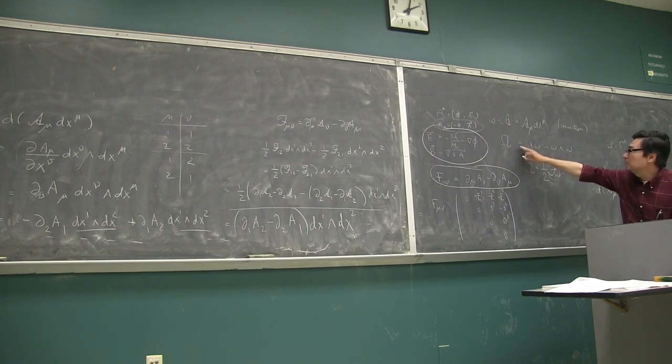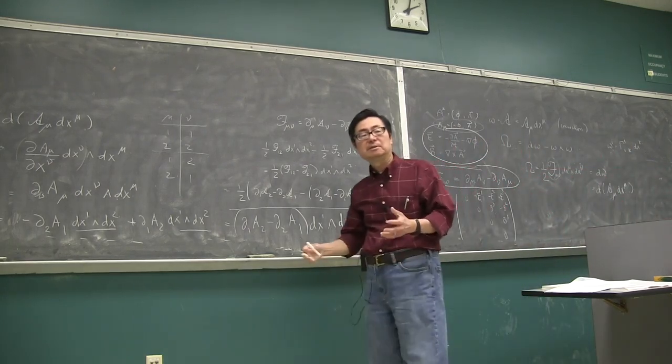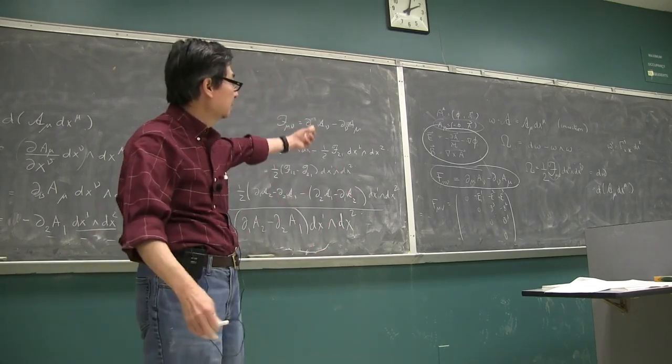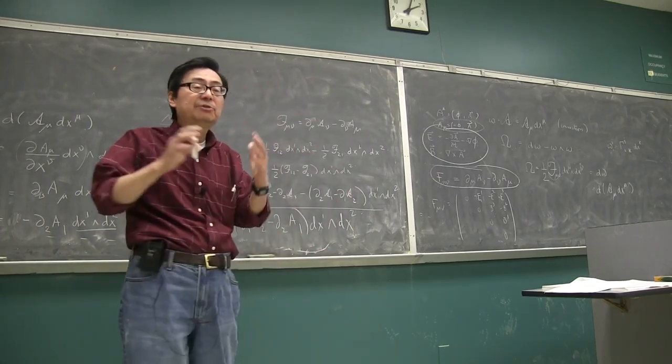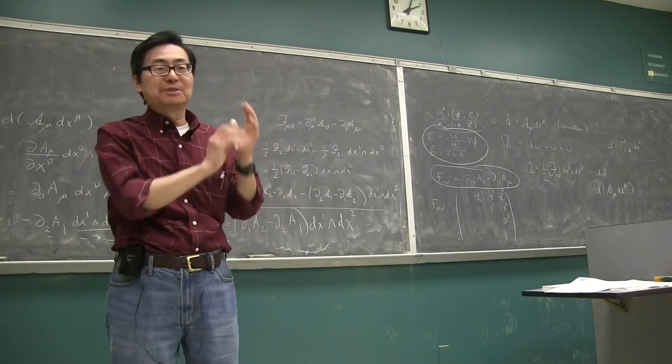It reveals to you that the field tensor is a curvature. The field tensor is a geometrical object. It is a curvature corresponding to this particular connection, which is given by the gauge field. The gauge field is a connection, and the curvature is the force.